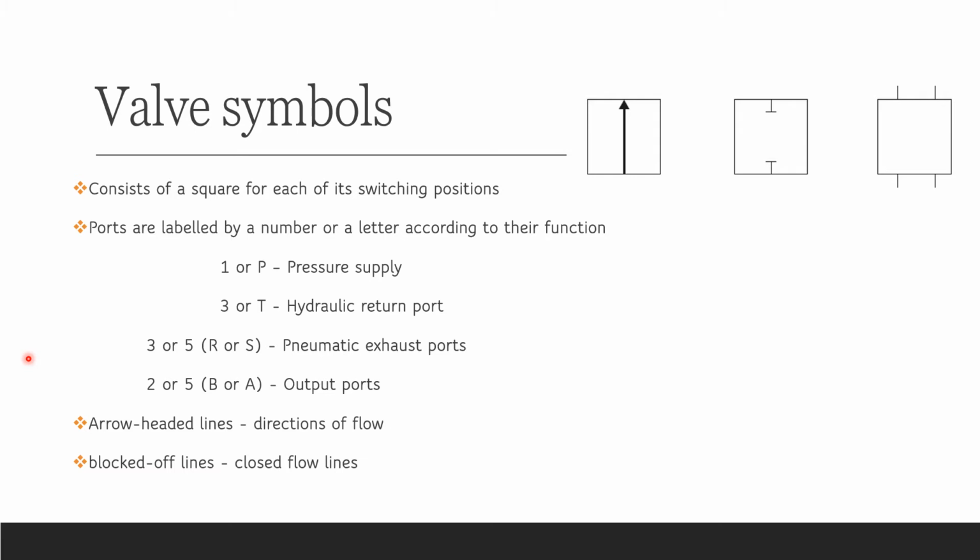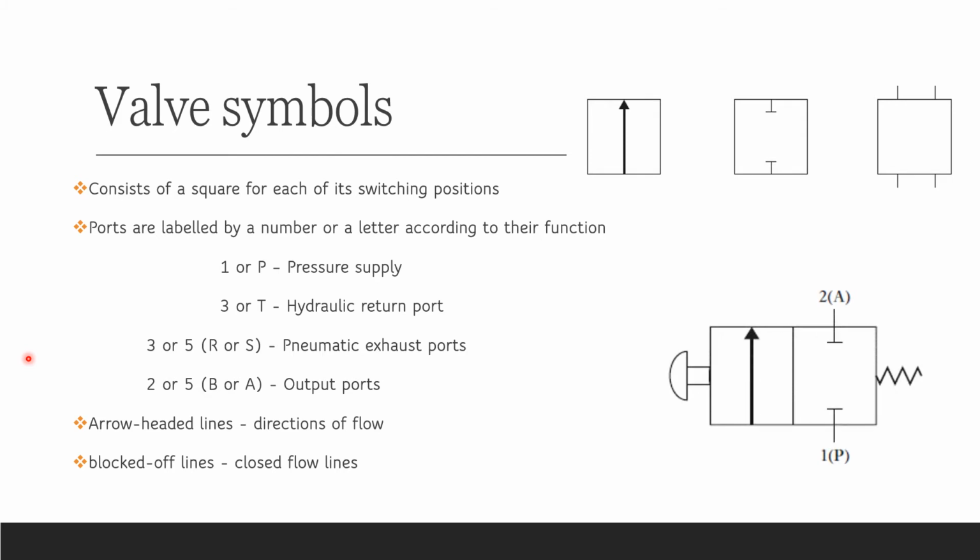Now for better understanding, let us see how one of the valves will be represented. So let's see how a poppet valve can be represented using these symbols. The poppet valve we just studied earlier has 2 ports and 2 working conditions: when the flow is on as well as when the flow is cut off. So the diagrammatic representation will be like this, as shown in the fourth figure.